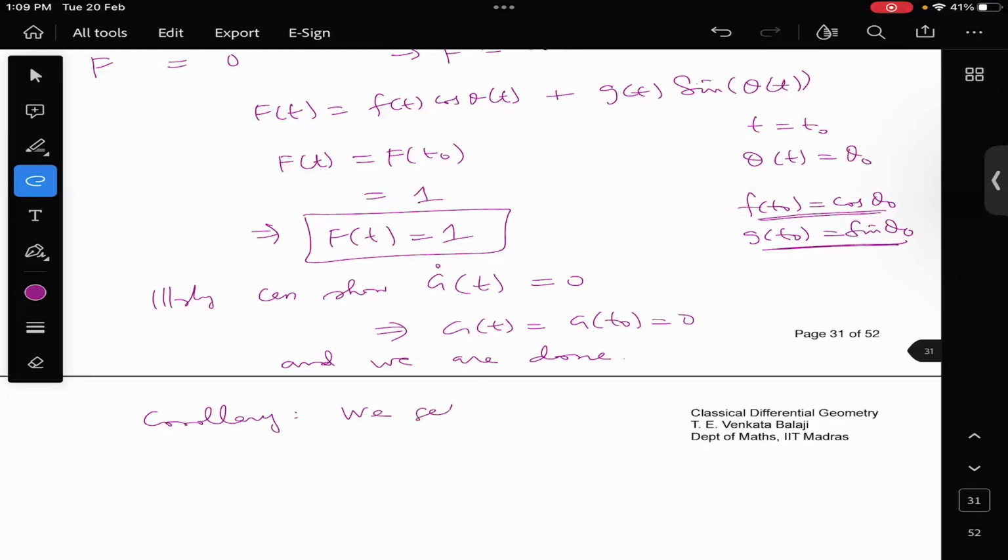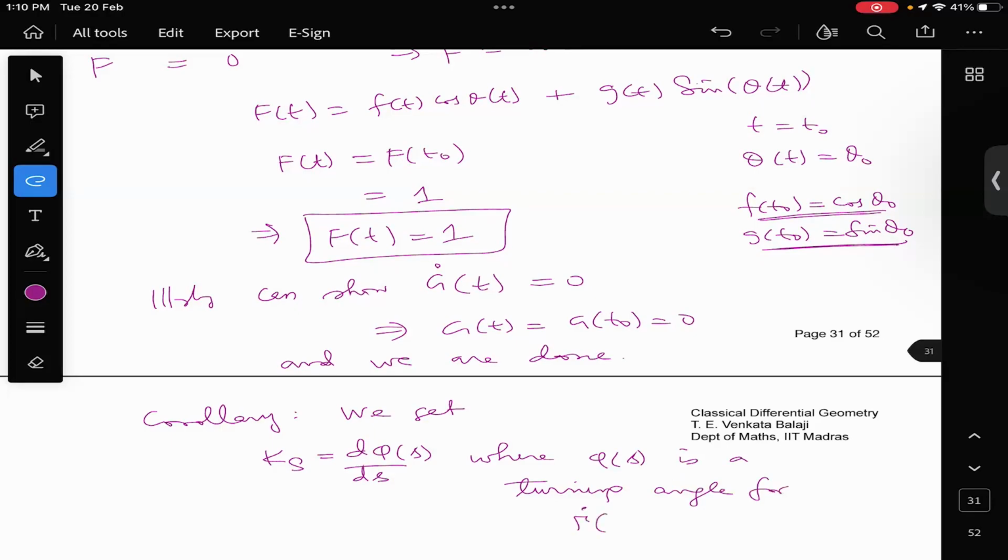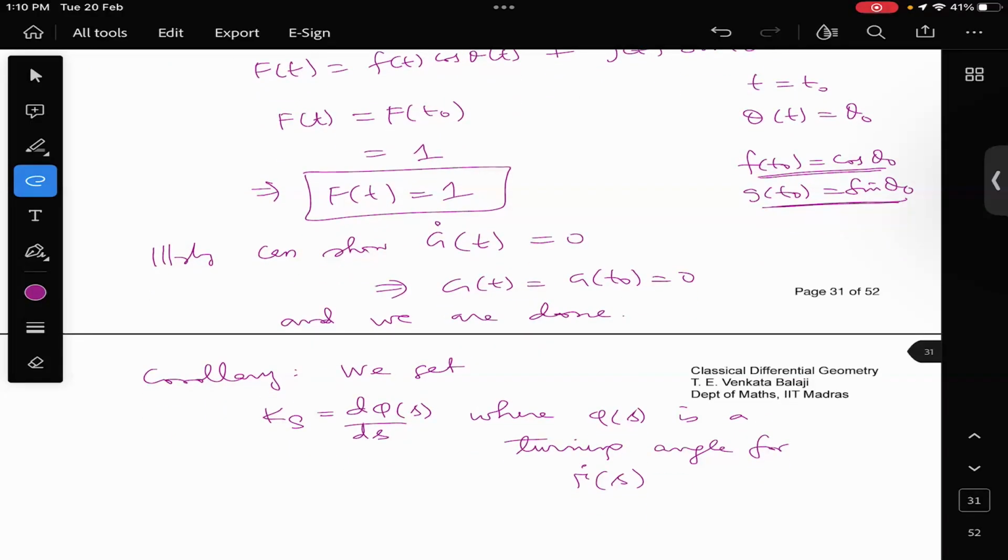We get: number 1, k_s is d phi by ds, where phi of s is a turning angle for gamma dot s.